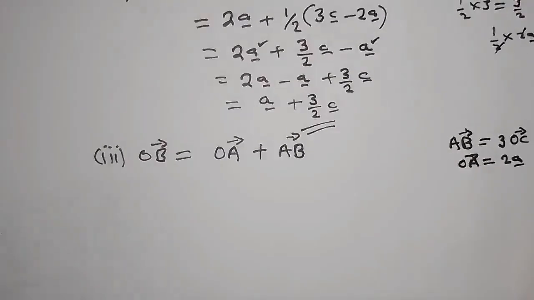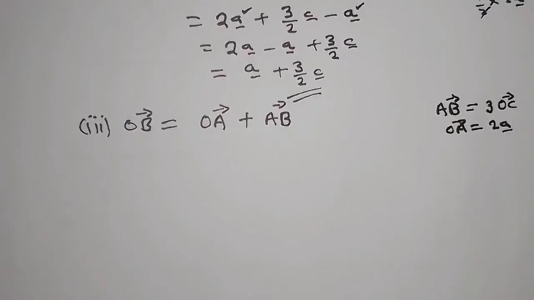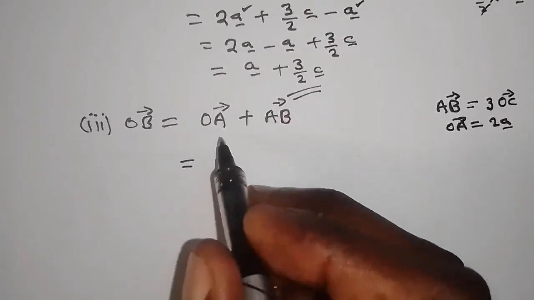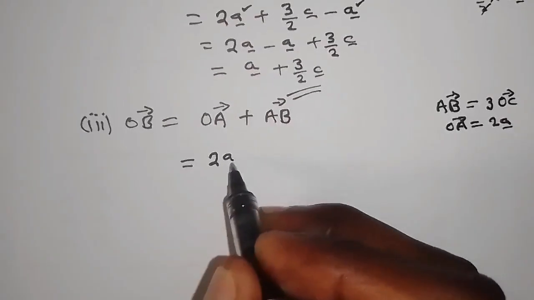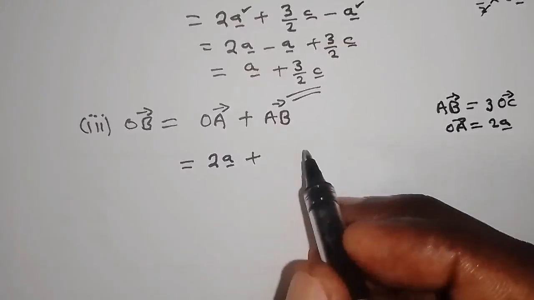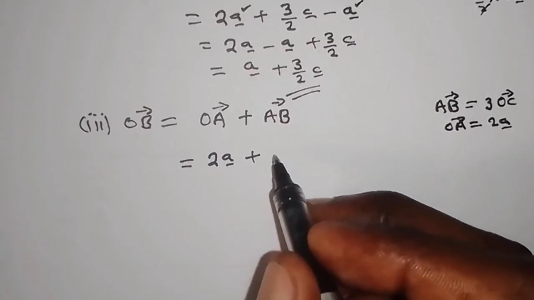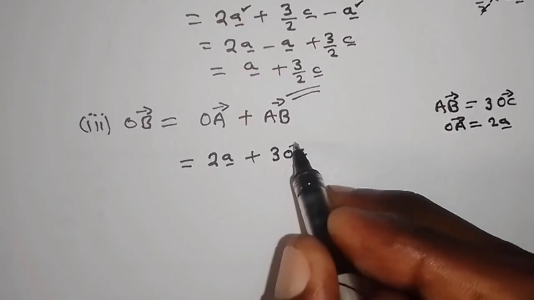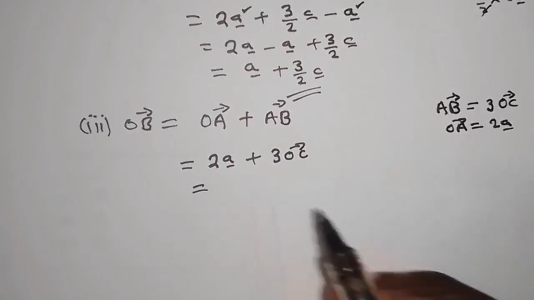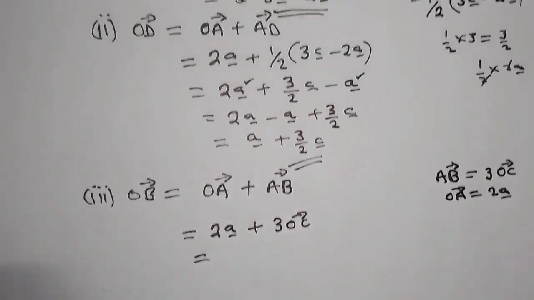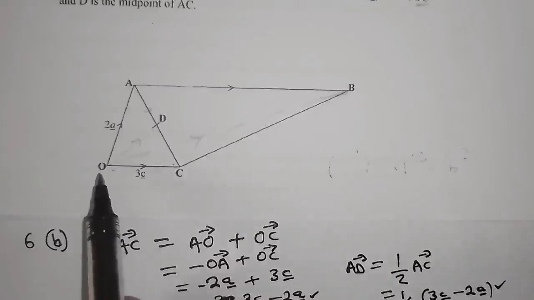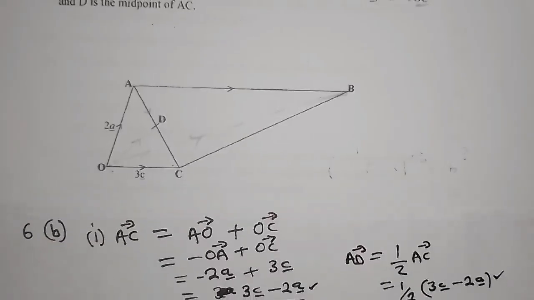So we can finish it up now. We can now say OB is 2a plus 3 vector OC. Now, if you go back to the diagram, we know that vector OC is just 3c.